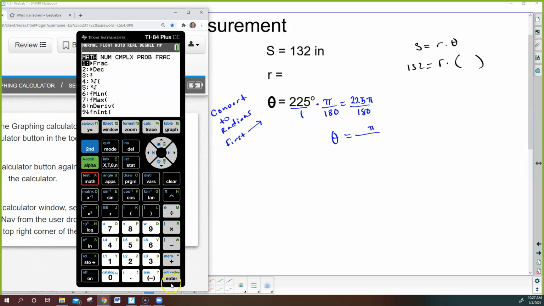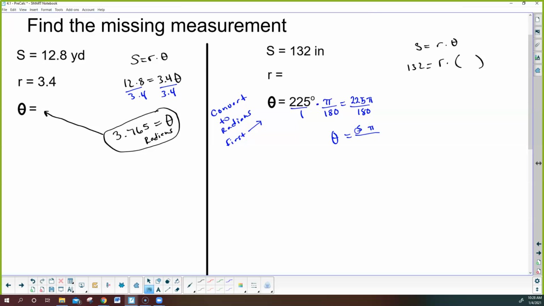So hit math and option 1, and then enter, and it'll take the 1.25, which you probably already knew what that was, but that gives me the 5/4. There's the theta in radians that we need right here.